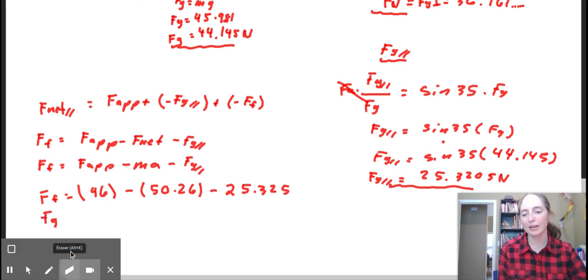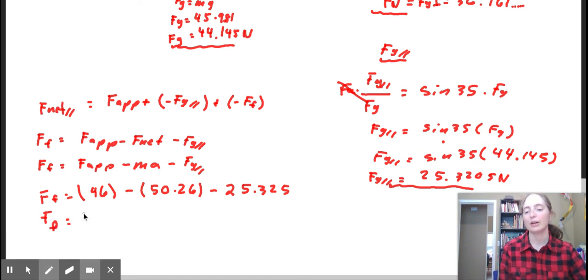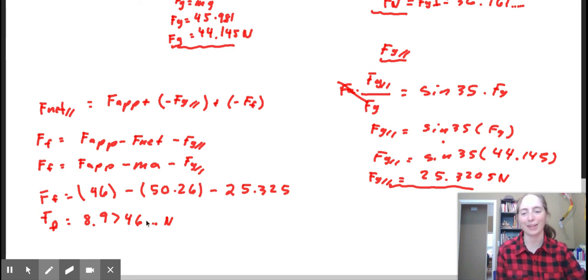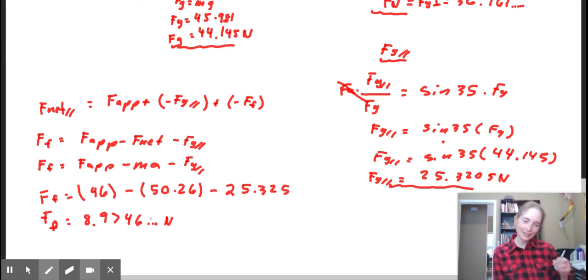Whoops, that's not FG, I want FF. There we go. So our force of friction, ladies and gentlemen, is going to be the lovely value of 8.9746 newtons. Okay. We're not done yet.